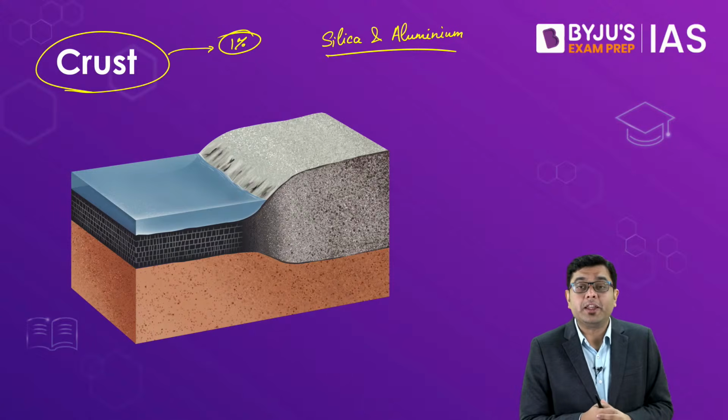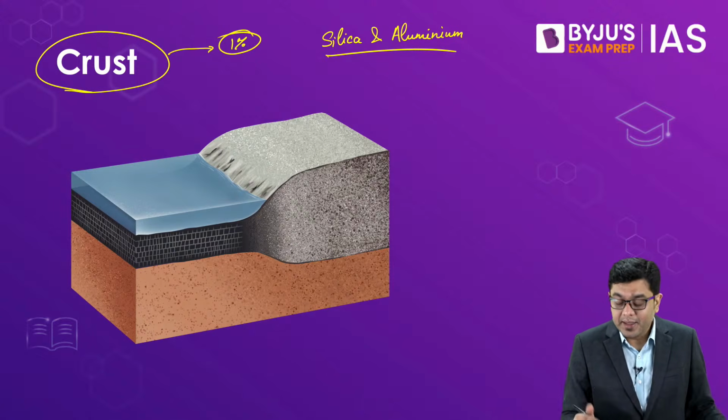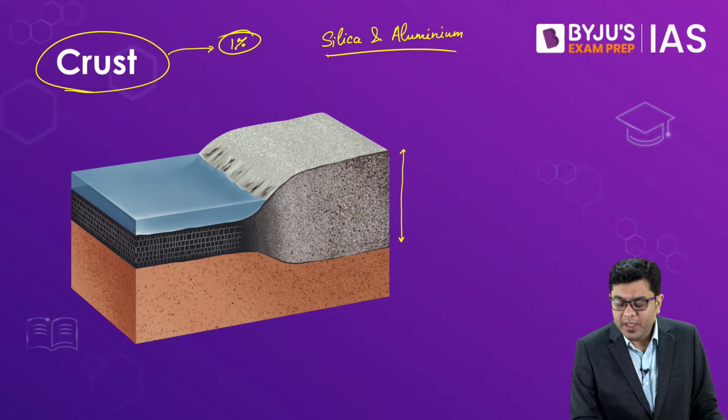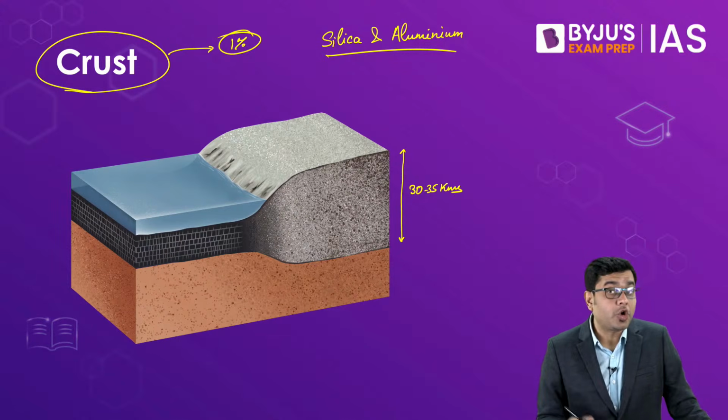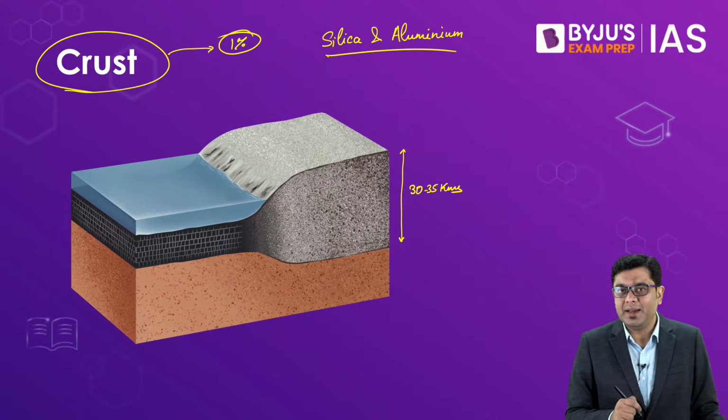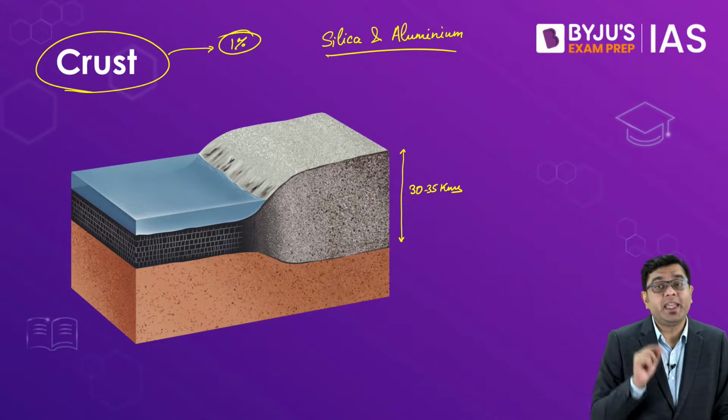If you take a look at the continental crust, here the thickness ranges roughly around 30 to 35 kilometers. Whereas in the oceanic areas, the crust is thinner.